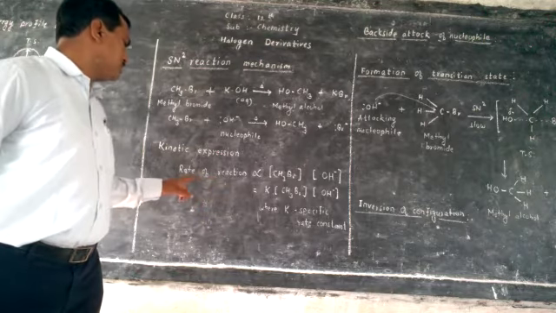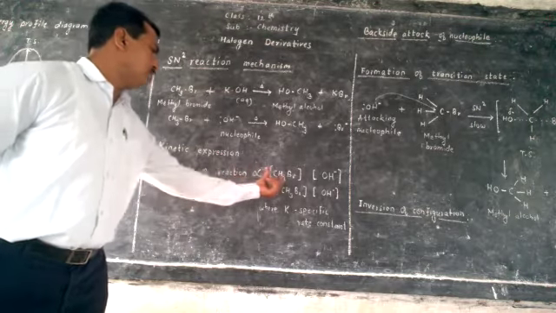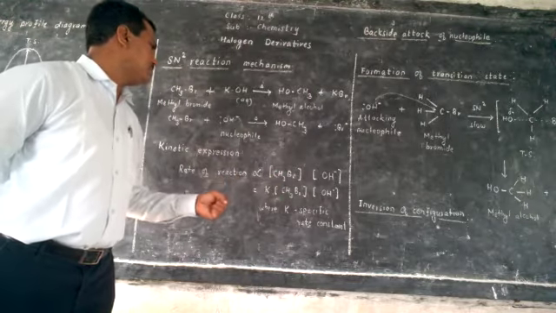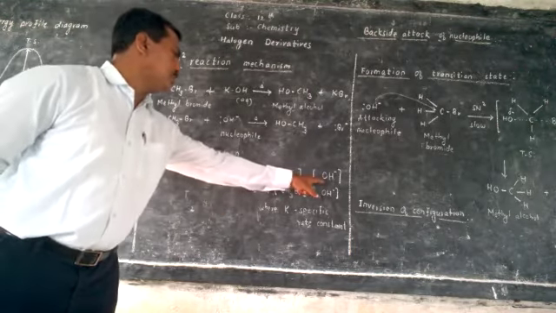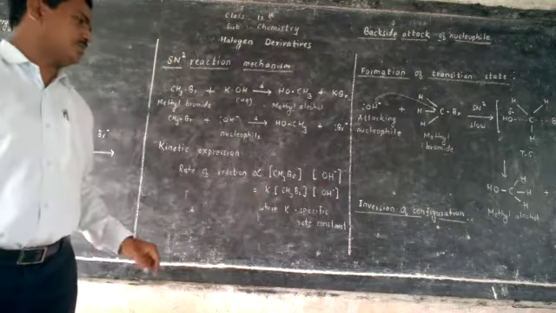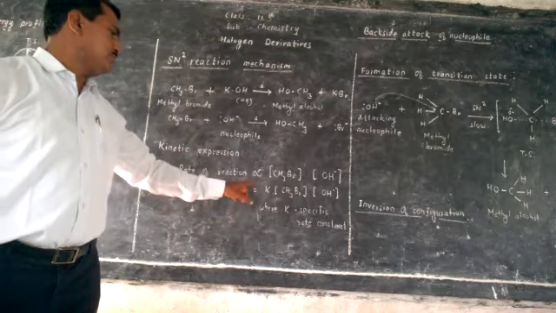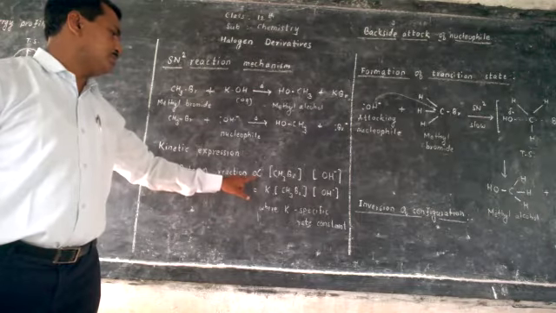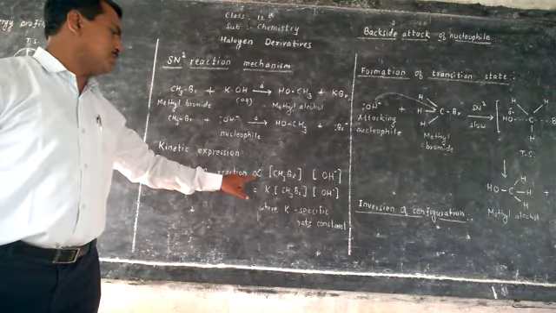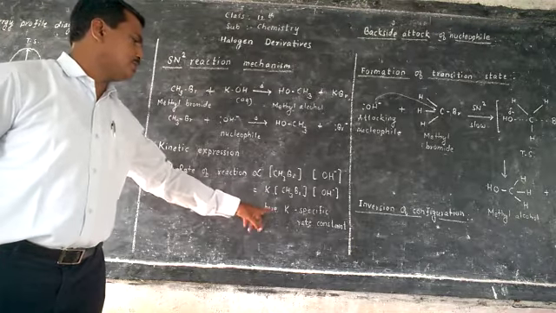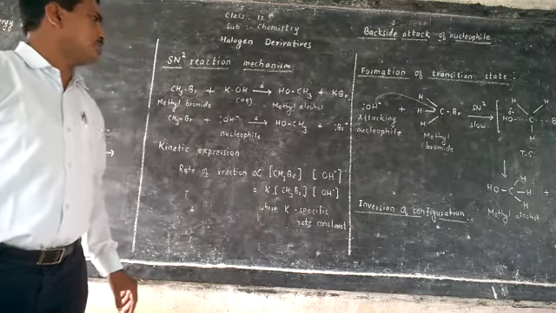Here the rate of reaction depends upon both nucleophile and substrate. Here OH negative is the nucleophile and methyl bromide is the substrate. So it is a second order reaction. When we remove the proportionality sign, an equality constant is taken, where K is the specific rate constant.